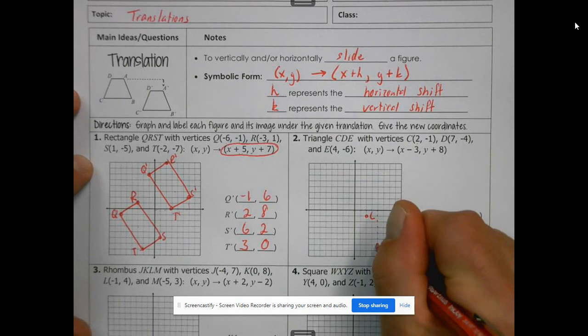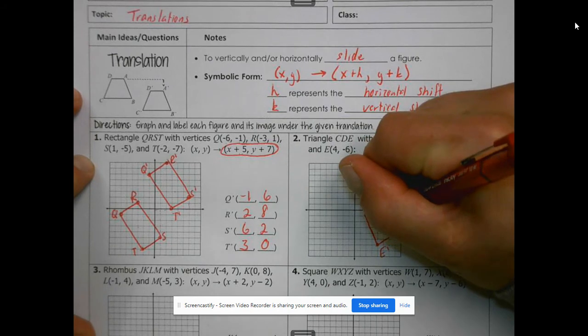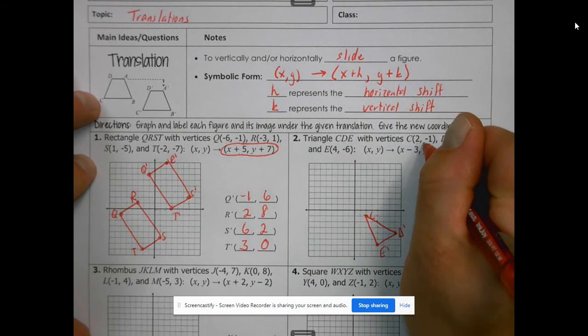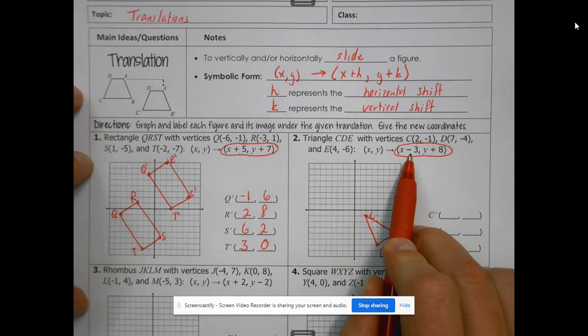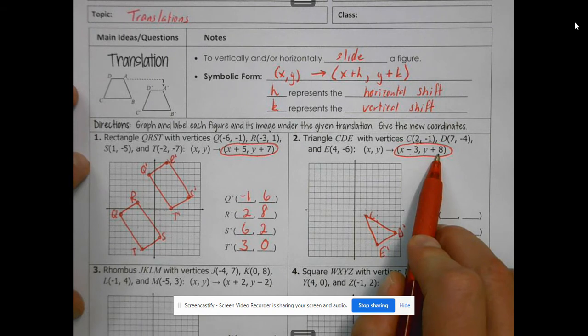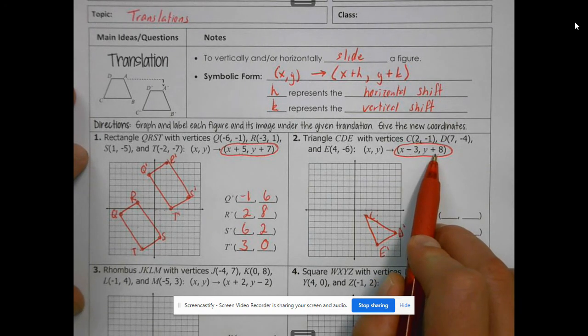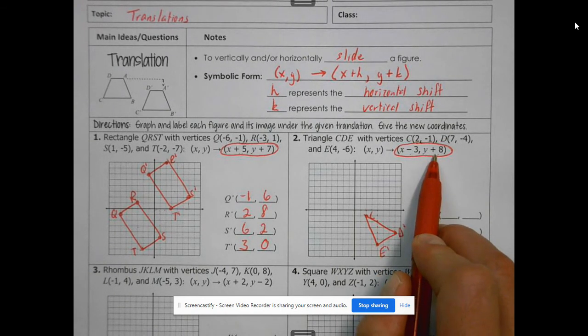Connect your points. Second step, what is the translation? We're going to subtract 3 from the x's, and we're going to add 8 to the y's. So each of the points is going to go to the left 3 and then up 8. Mathematically, subtract 3 from the x's, add 8 to the y's.